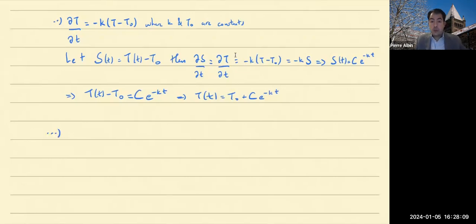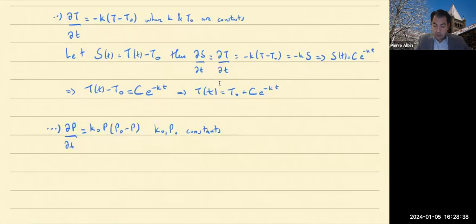Another example we looked at last time, the logistic equation. There we had the derivative of P with respect to t equal to k naught times P times (P naught minus P). So here k naught and capital P naught are constants.